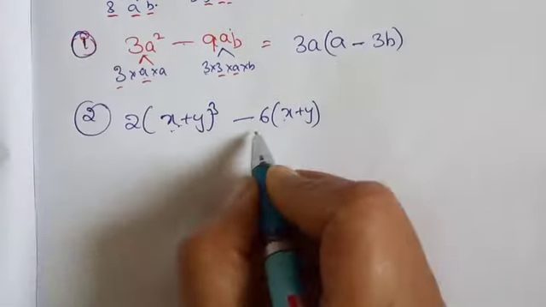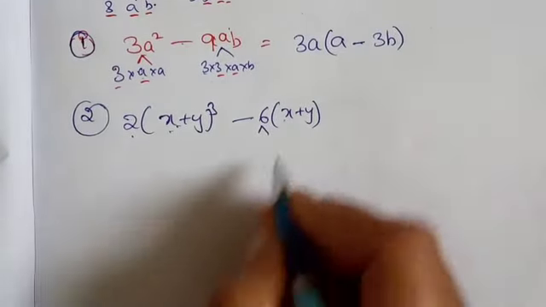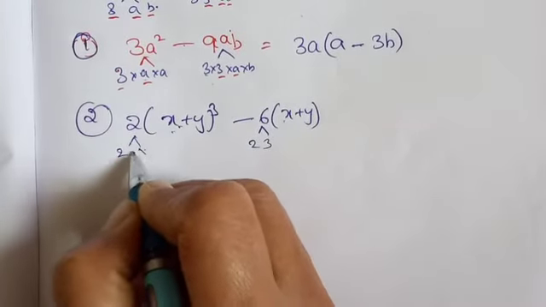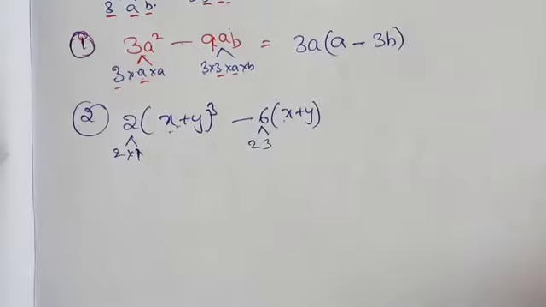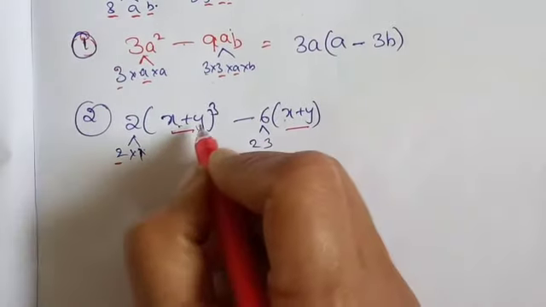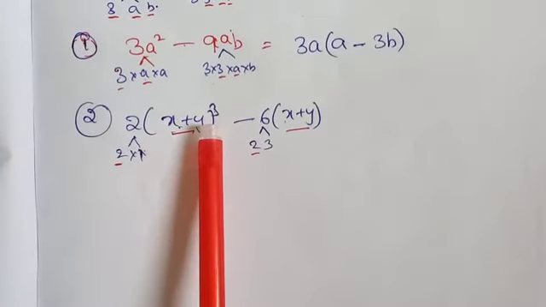Now here, numerically I can write 2 into 3, this is 2 into 1. So now here I can take 2 as common, and (x plus y) as common, and this is whole cube, no? The leftover term will be a square term.